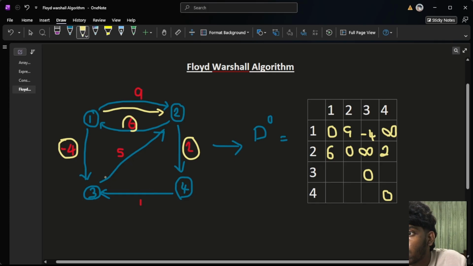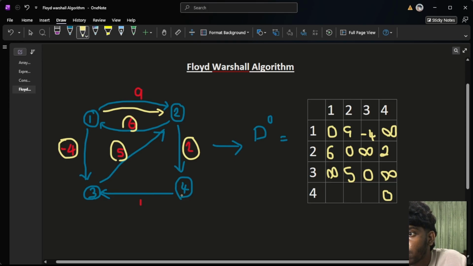And then 3 to 1, you can see there's no direct way, so therefore we're going to mark it as infinity. And then 3 to 2, you can see 3 to 2 is 5. And then 3 to 4, also right here we don't have a direct edge, therefore we are going to mark it as infinity.